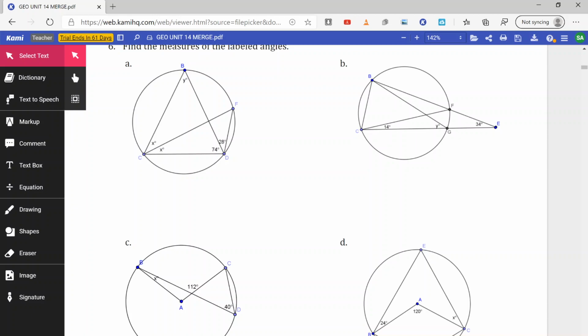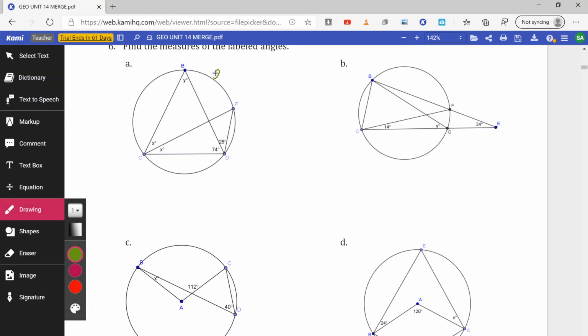So what we can say is arc BF, because it has an inscribed angle BCF, is 2x. And we can say the same thing for FD, because the inscribed angle FCD is again x, so the arc is 2x.